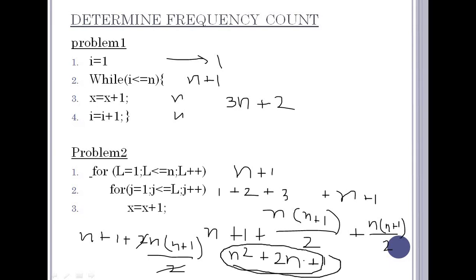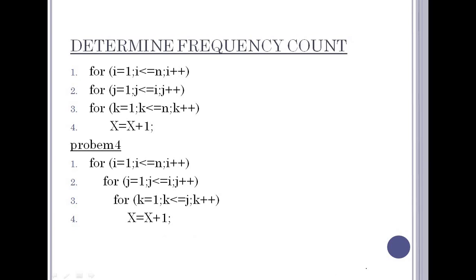So in this way, this is the answer, the total program steps or the frequency count for this particular algorithm. So please take this assignment and determine the total program steps or the frequency count for these examples.